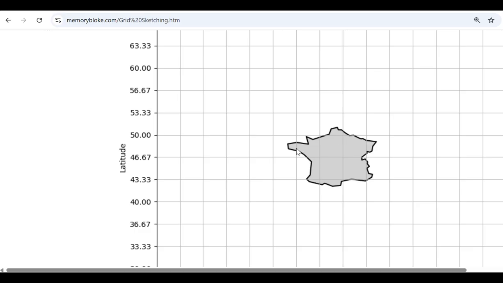So not the specific detail of the lines, but knowledge of which of these squares has got a bit of the country in it.